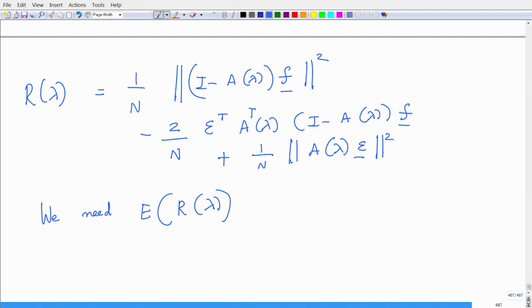So we have to compute the expectations over these two terms, which is term 1, which is I minus A of lambda times F, and then this other term, term 2.